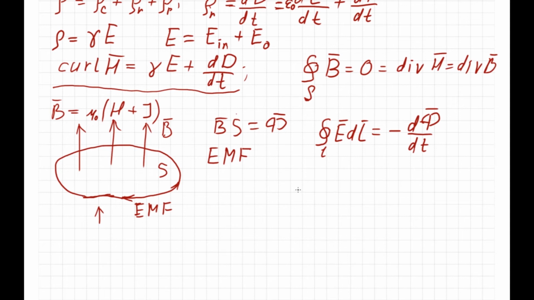Next, if we divide by the area, we get the formula from the Stokes theorem: curl of vector E equals minus dB, the magnetic field, by time.